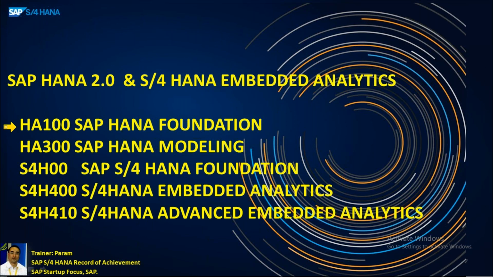So for SAP HANA certification, the study materials are as follows: the HA100, which provides the foundation on the SAP HANA 2.0, then the HA300 with the SAP HANA data modeling concept. We also have the security authorization concept in the HANA HA300 and the reporting with the business objects reporting tools to be able to directly connect on the HANA data models and run live analytics.